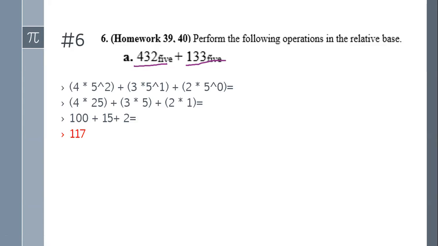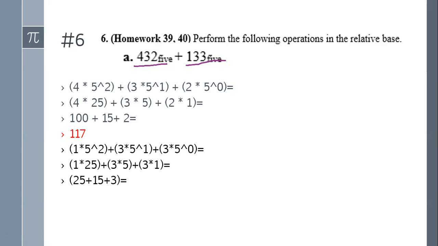All right, now let's move on to the second part of our operation. So you've got 1, 3, and 3, base of 5, so work backwards, 0, 1, 2. All right, remember we've got to do exponents first inside the parentheses. 5 to the second power is 25. 5 to the first power is 5.